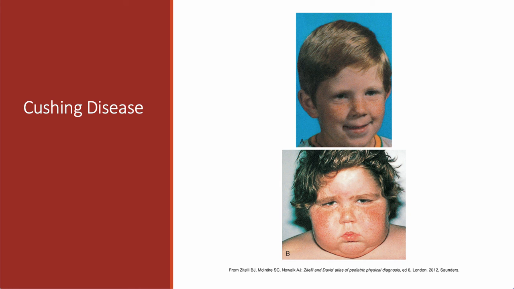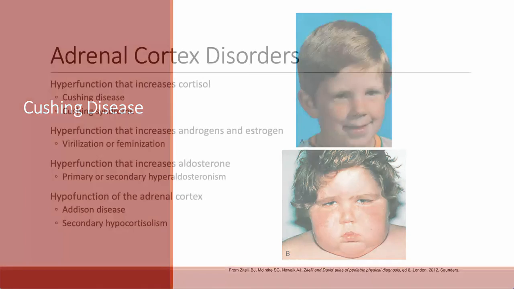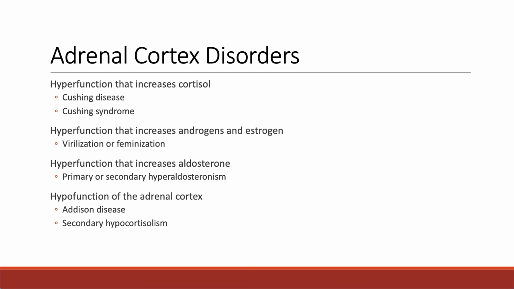They still produce these Cushingoid features. This is the same child, one with Cushingoid features and the other without. So adrenal cortex disorders involve an increase in cortisol due to Cushing's. We call that Cushing's disease or Cushing syndrome.